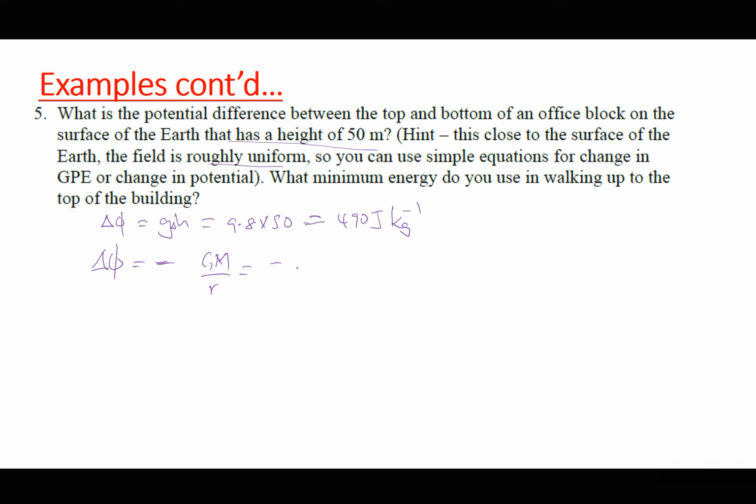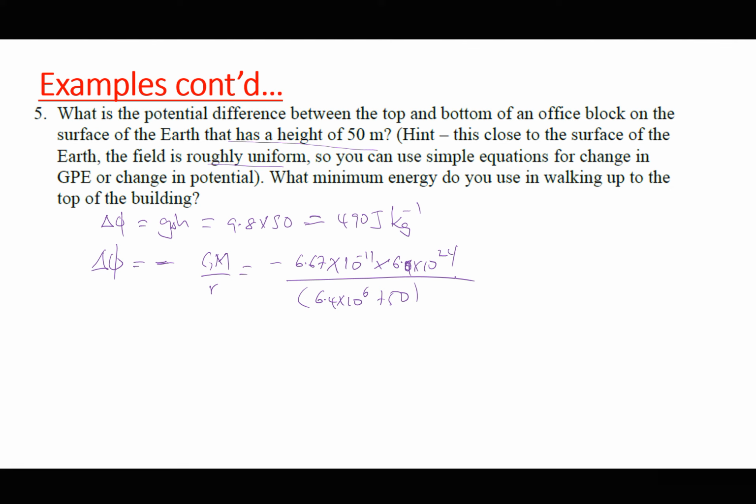So this will be negative 6.67 times 10 power negative 11. Now I'm considering the mass of the Earth, which is 6.0 times 10 power 24, divided by the distance here, which is going to be the radius of the Earth plus the height. So that would be 6.4 times 10 power 6 plus 50.